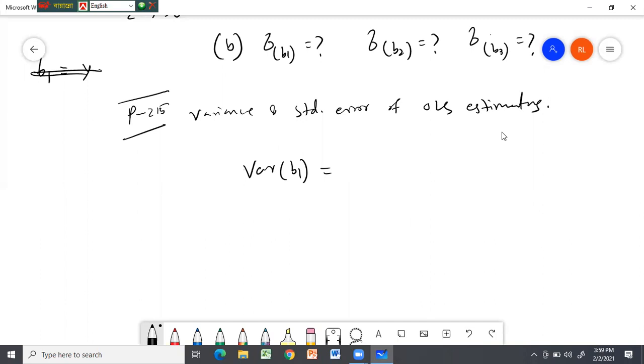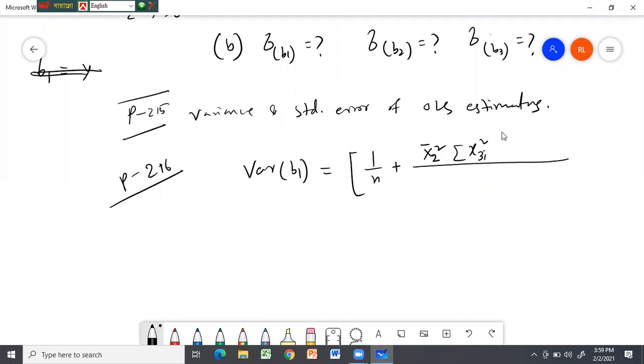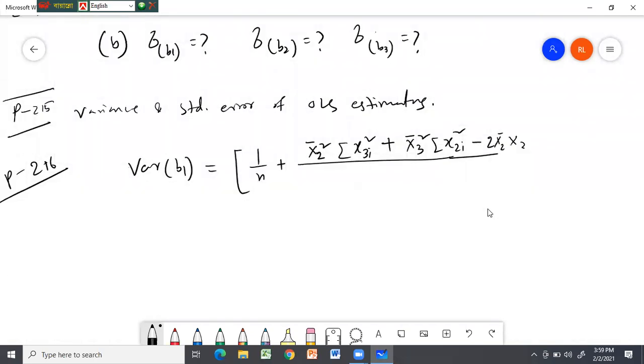On the following page, page 216, the formula is given directly: the sum of x2 bar square multiplied by the sum of x3i square, plus x3 bar square multiplied by the sum of x2 square, minus 2 into x2 bar x3 bar into the sum of x2 and x3i.